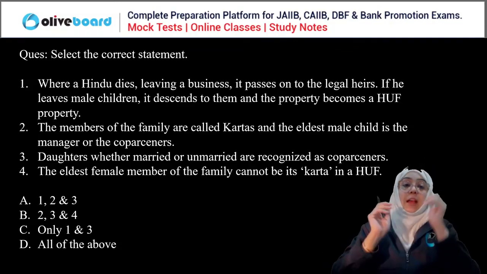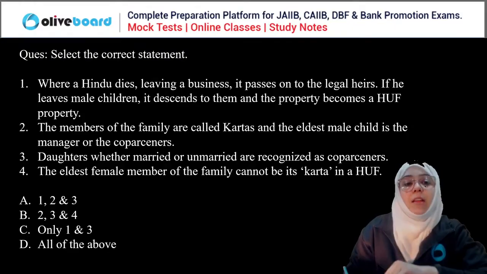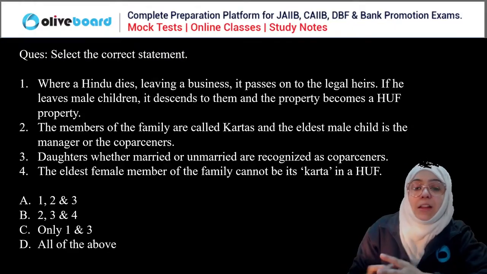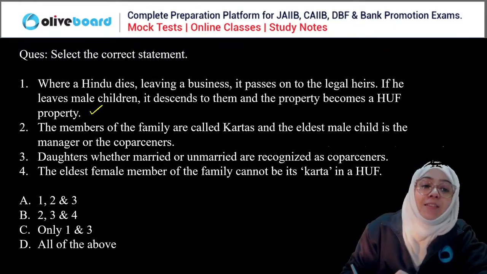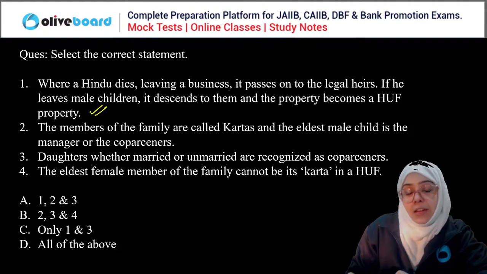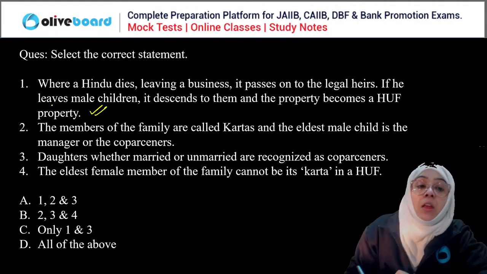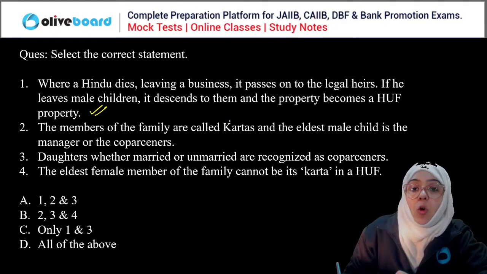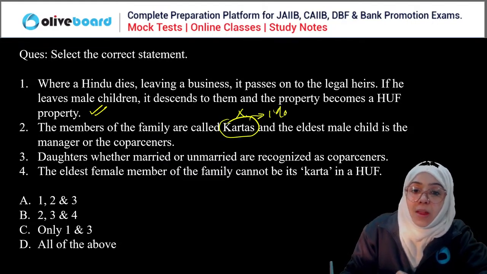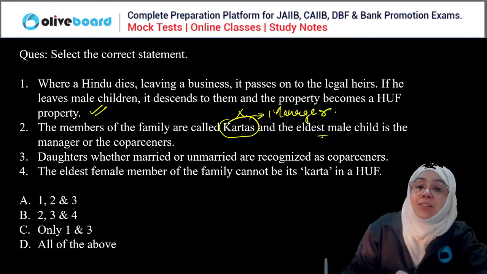So, if we talk about the correct answer here, yes, when we are talking about this Hindu undivided family concept, first is the correct statement or the definition of a Hindu undivided family. The members of the family are called as kartas. No, karta is actually the manager, you can say, the eldest male child. Okay, and the eldest male child is the manager or the co-parcener.